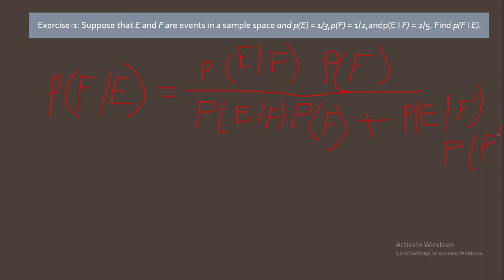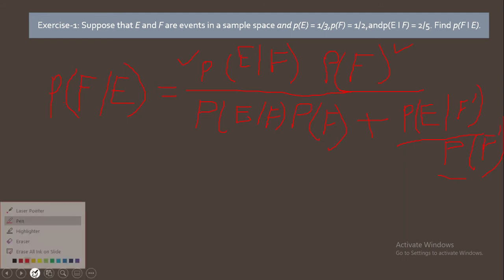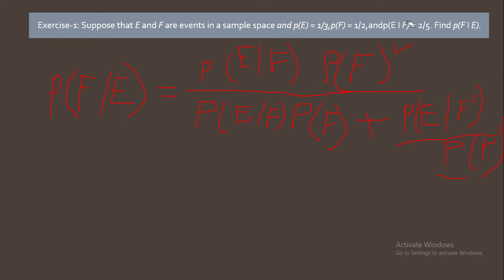Now if we see what we are given, we have the value of probability of E given that F, probability of F, right? But we don't have the value of probability of E given that F prime and probability of F prime, right? But if we remember, this probability of E given that F into probability of F plus probability of E given that F prime into probability of F prime, this is equal to probability of E. Why?